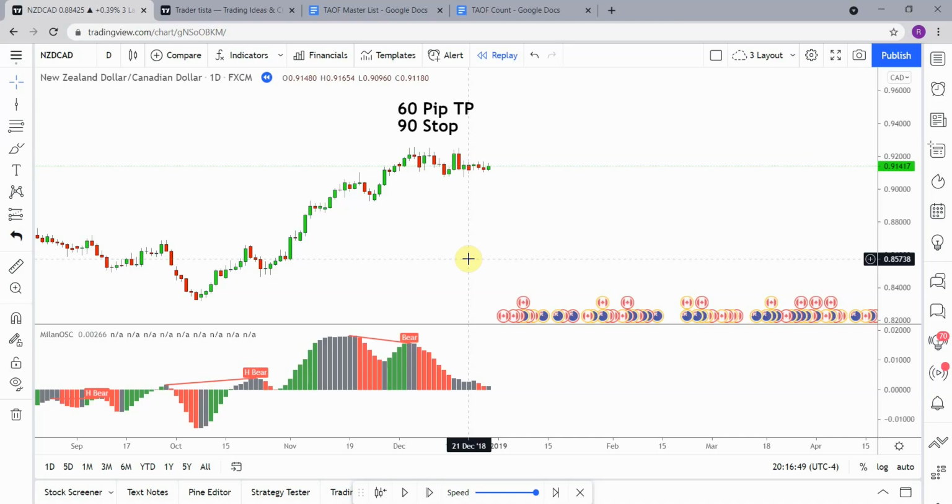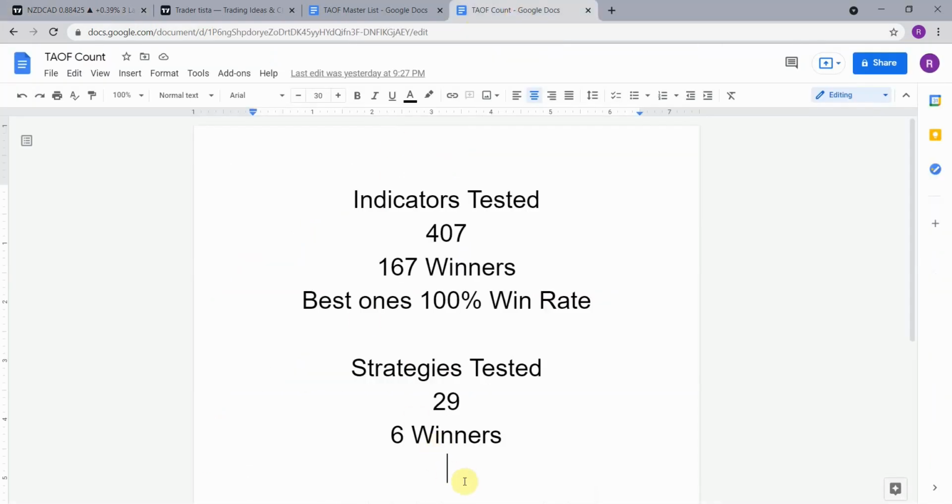Alright, as I said, today we will be testing the Milan Oscillator indicator. Before we do though, I wanted to put the testing scoreboard up for everyone to see. To date, we have tested a total of 29 different strategies, with 6 of them being winners. We have also tested a total of 407 indicators, with a total of 167 winners, which means that they have met or exceeded the 60% win-loss ratio threshold that we have set for them.